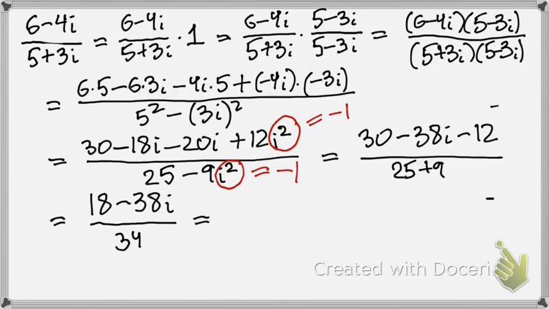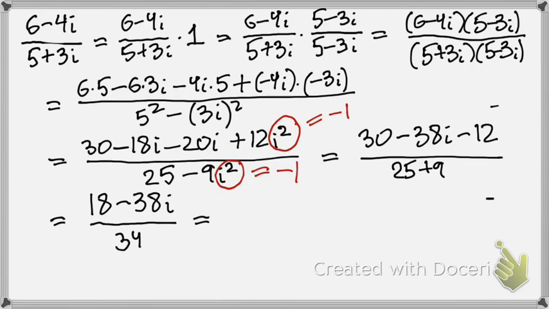Now, we're not done yet because this is still a fraction, but we need to reduce this expression to the standard form of a complex number, which looks like a plus bi. A is a real number plus another real number multiplied by i. We're not allowed a fraction in the whole expression.